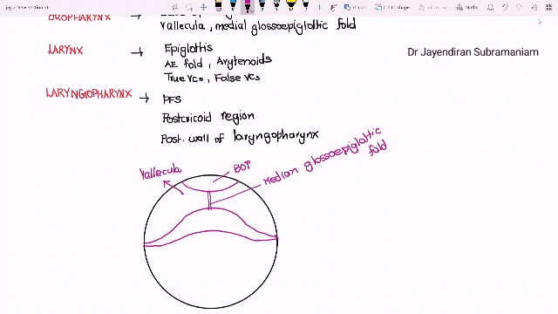Then we will see the aryepiglottic fold, which connects the epiglottis with the arytenoids. So this is your epiglottis.